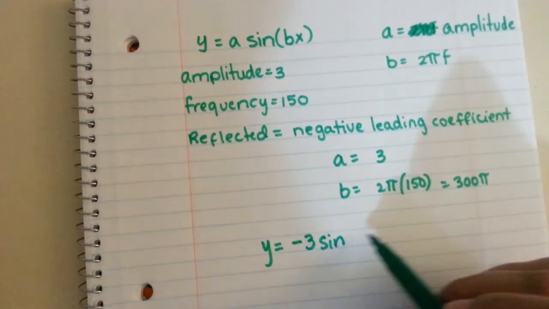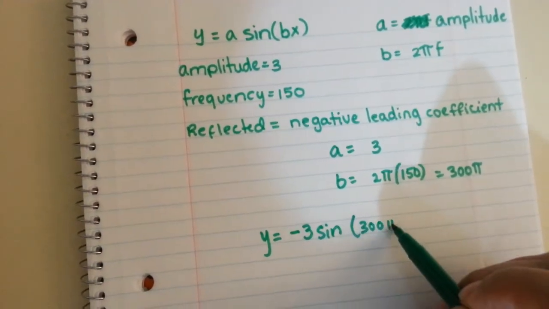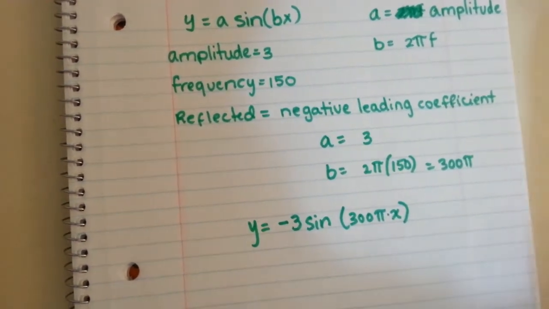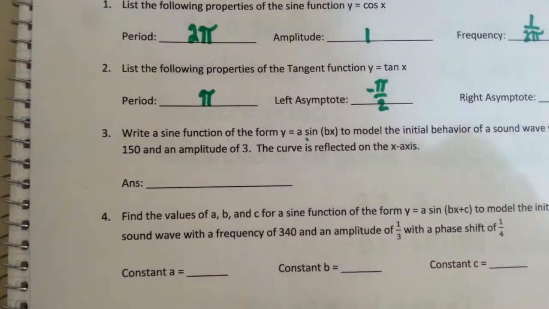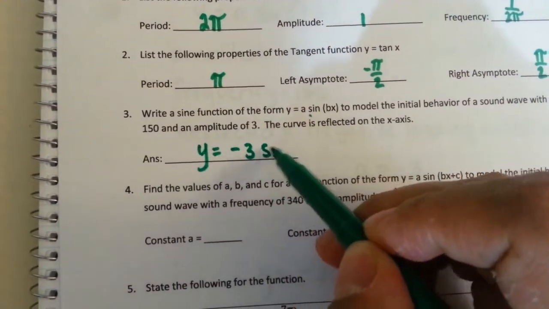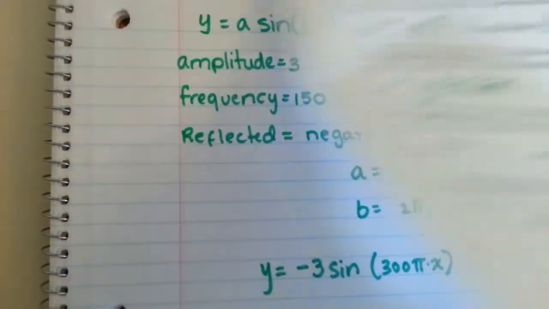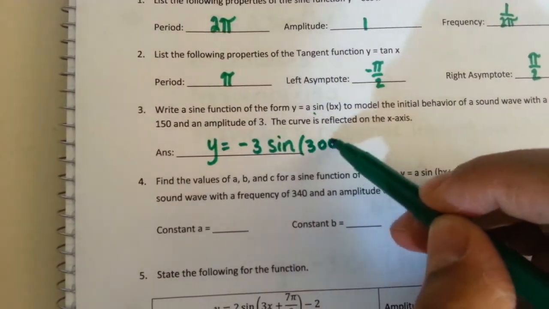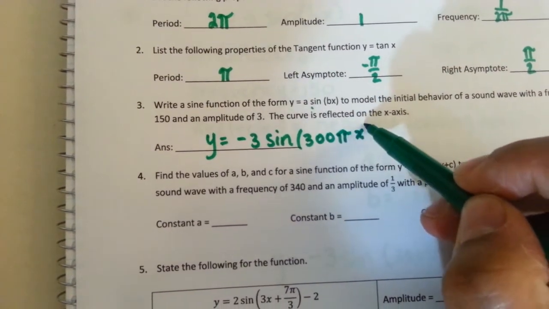What is b? B is 300 pi x. And that would be the answer. So on the test, you would write y equals -3 sine 300 pi x. There you go.